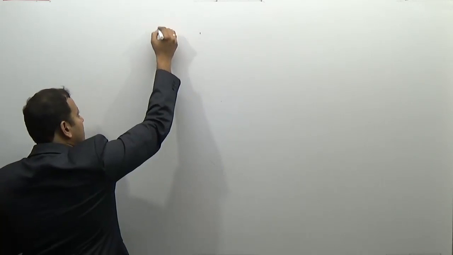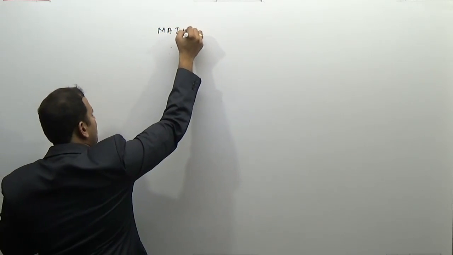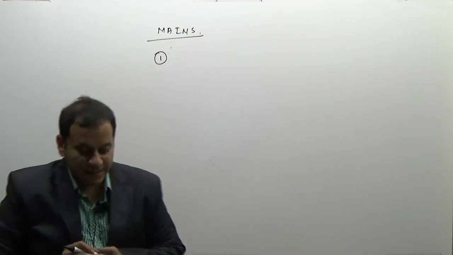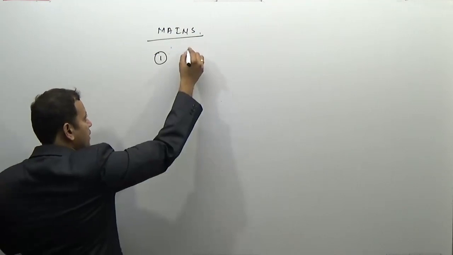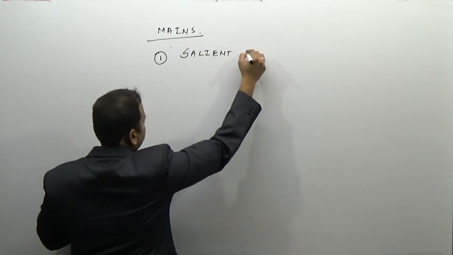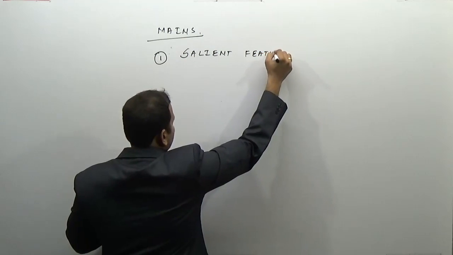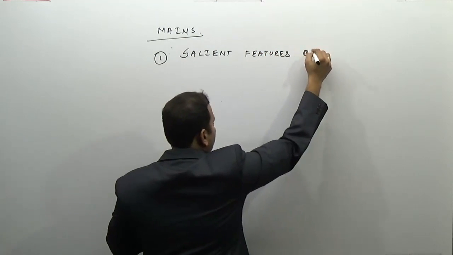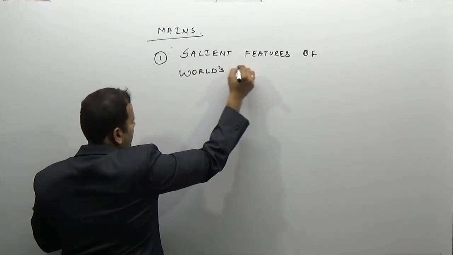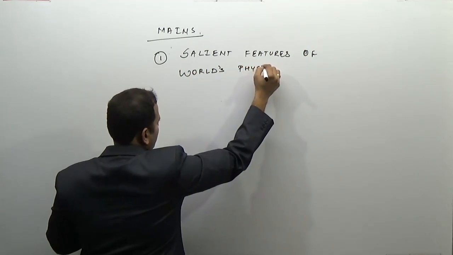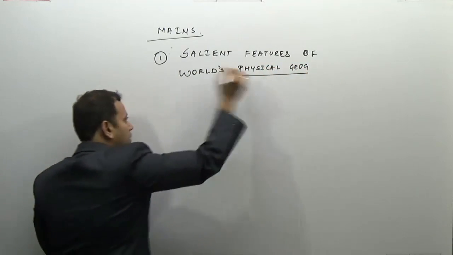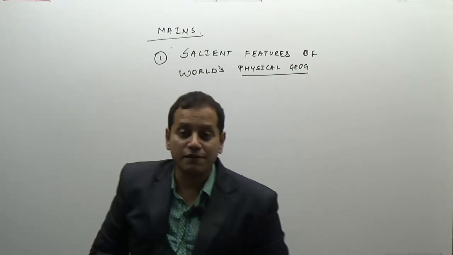For the mains examination, the syllabus is properly divided, and the first topic is the salient features of world's physical geography. See, one important keyword here is physical geography.